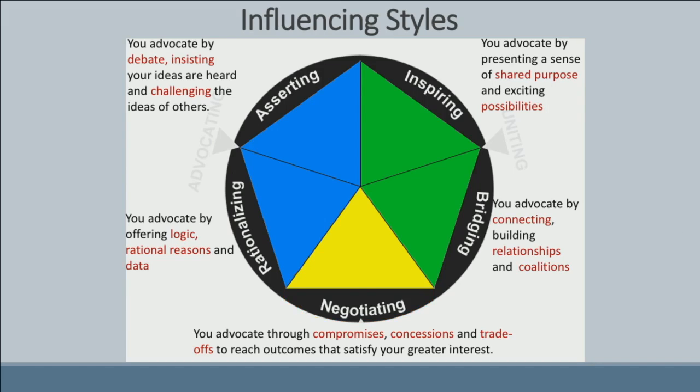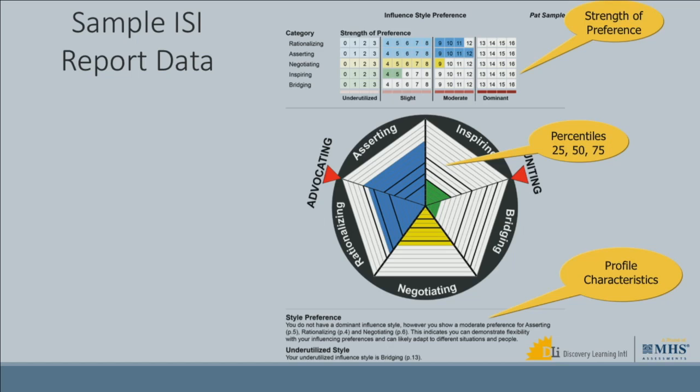And this tool, the ISI, when you take it, actually gives you a very interesting data display. The way the questions are asked, every style is pitted against every other style in a one-on-one matchup. Would you do this or would you do that? Four times.